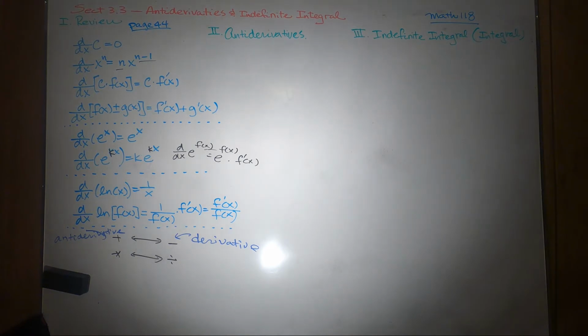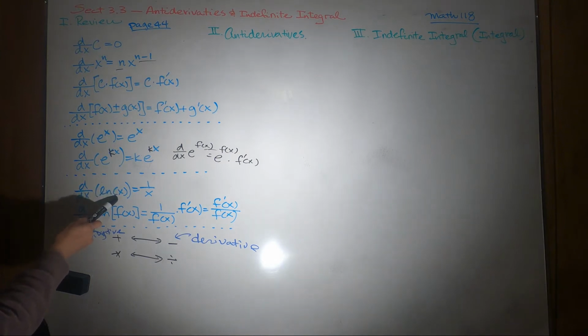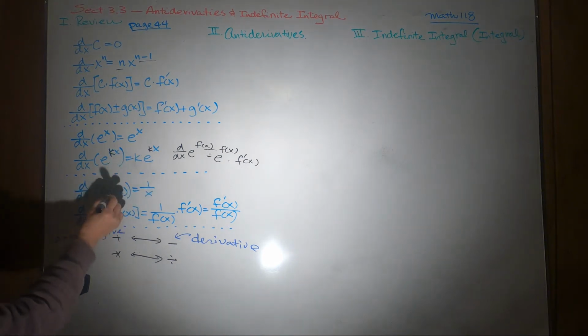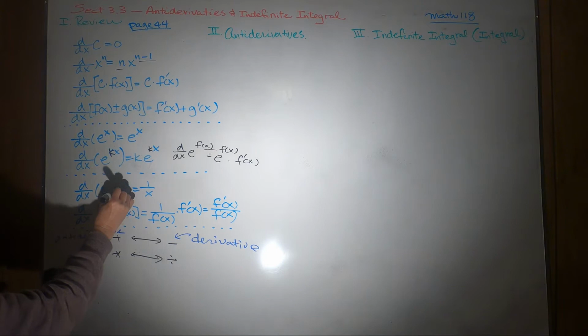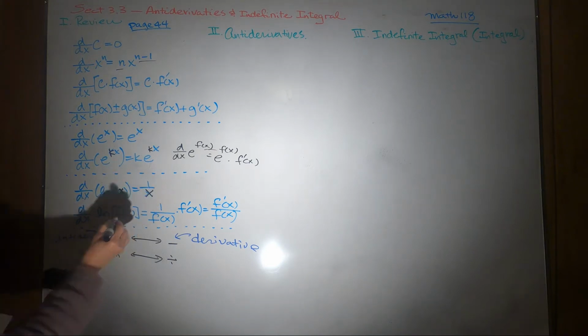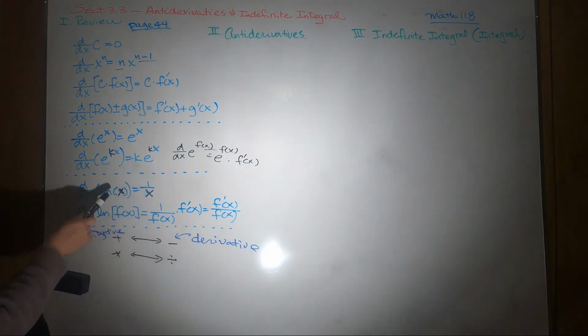Okay? And for the natural logarithm, ln of x, how do you do the derivative? You just do 1 over whatever is inside, so 1 over x, if it's x.